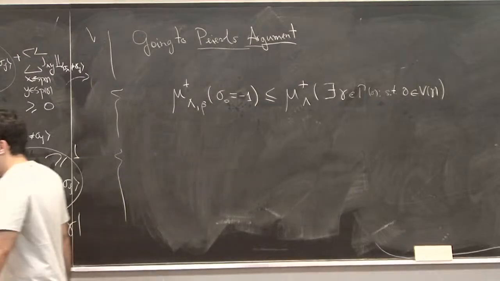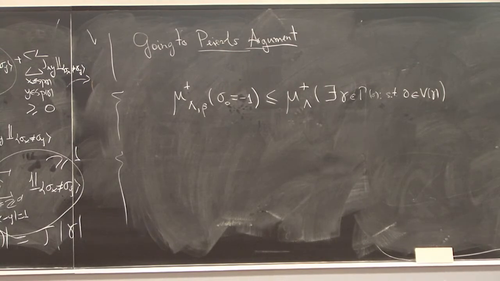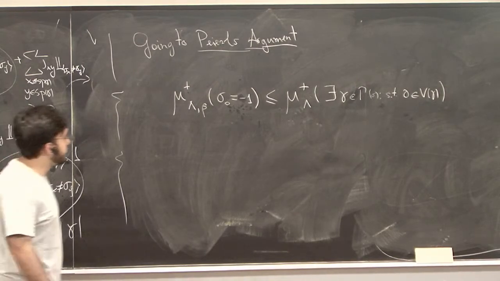And why is this an upper bound? Because if 0 is inside V gamma, it can be a plus correct point, for instance. I guess it's better to give a drawing.